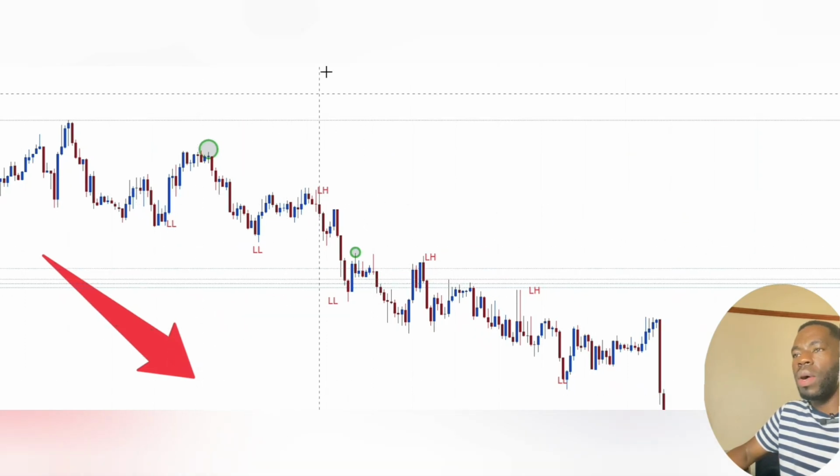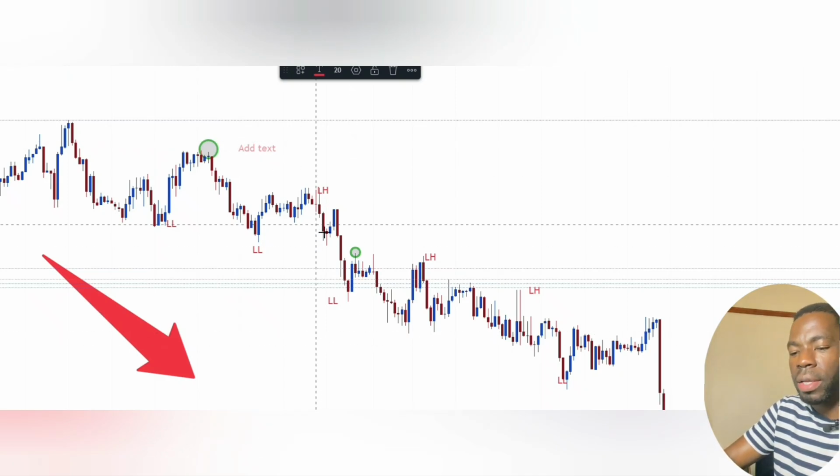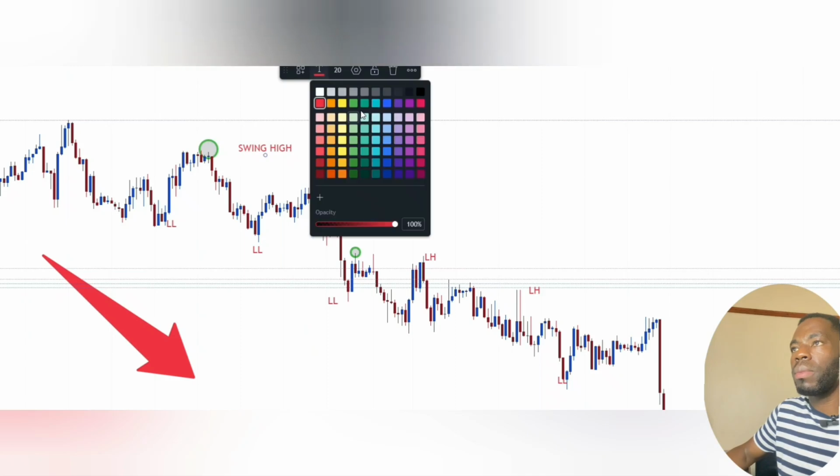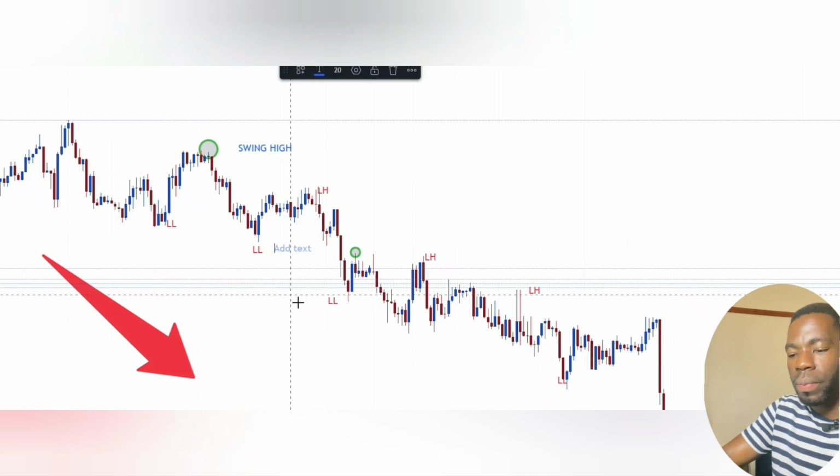So this is our most recent significant high. Swing high. This is our swing high, and this is our swing low.